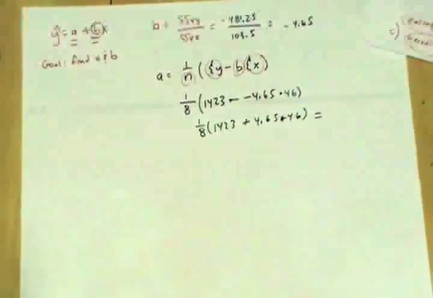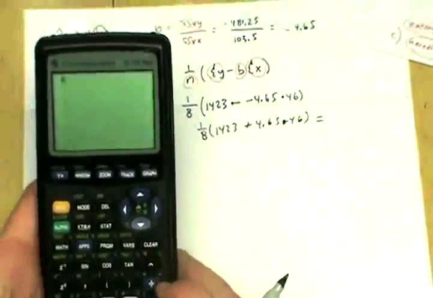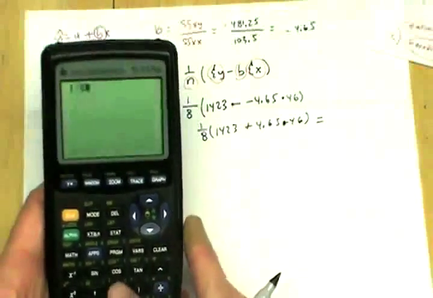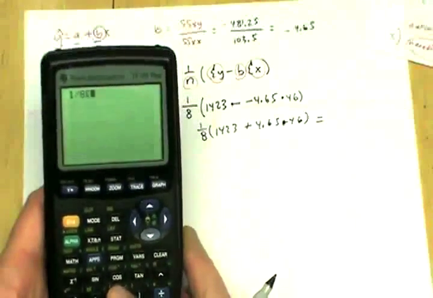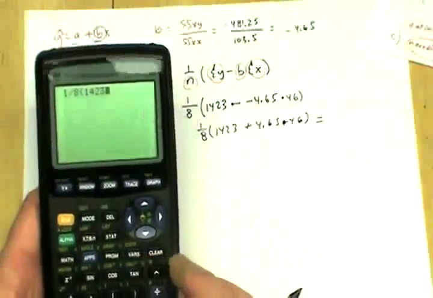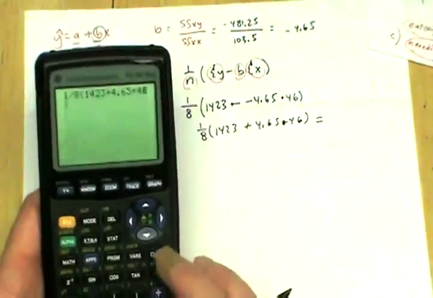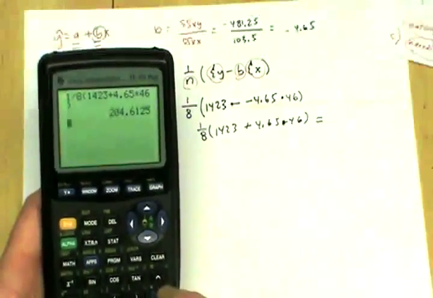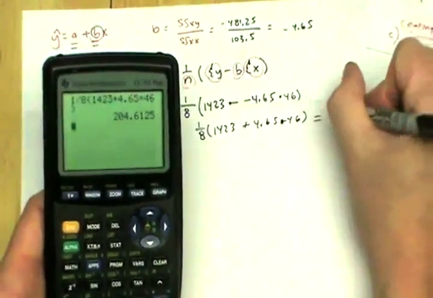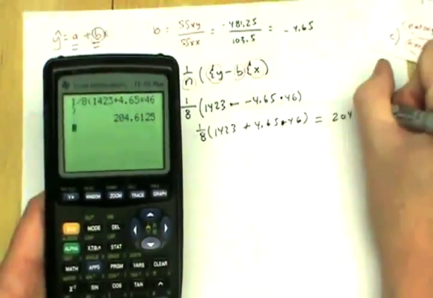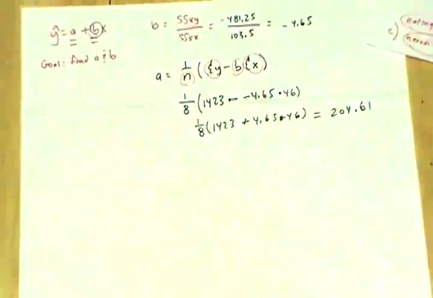Okay, so in our calculators, 1 divided by 8, parenthesis, 1423 plus 4.65 times 46. Okay, we're getting back 204.61.